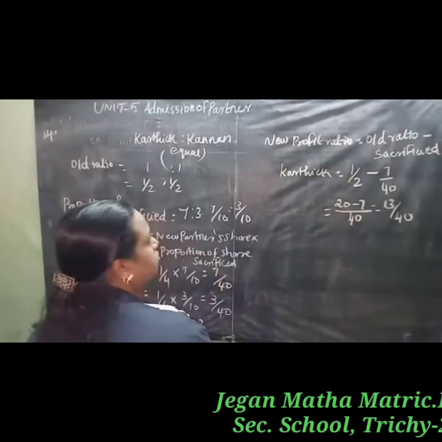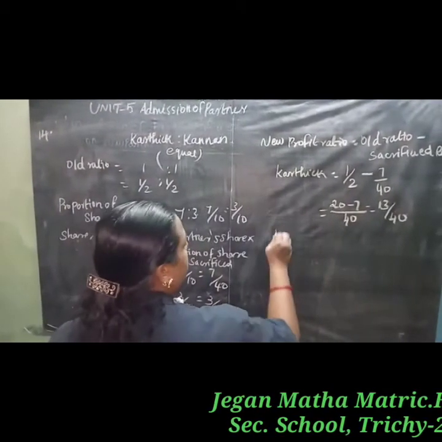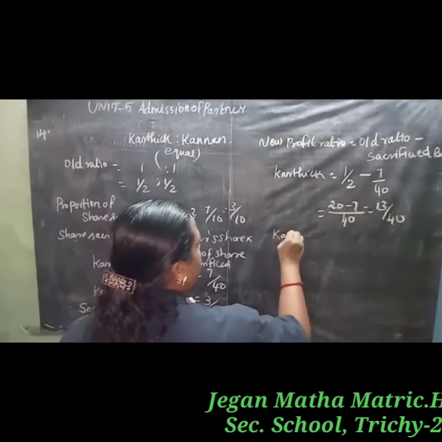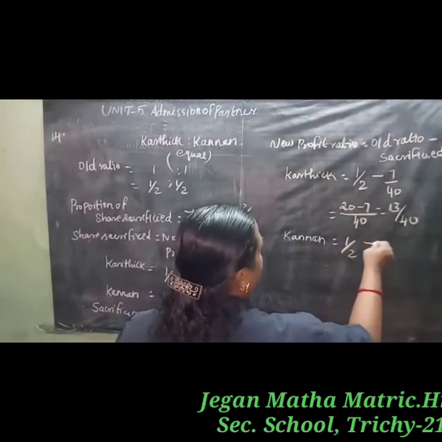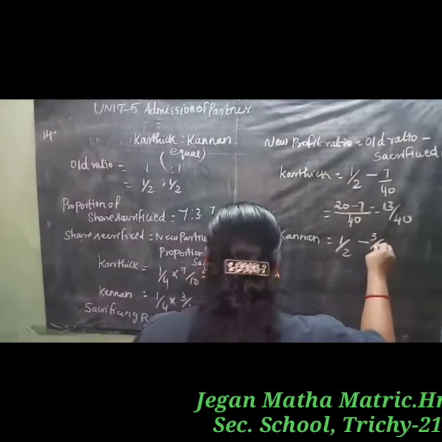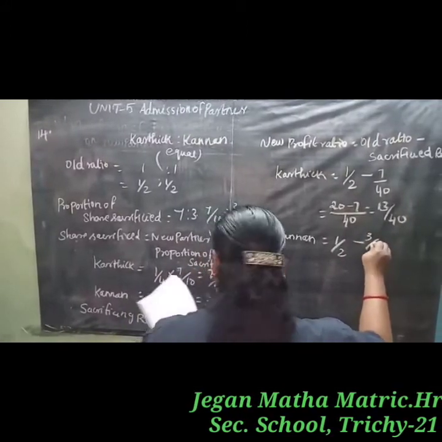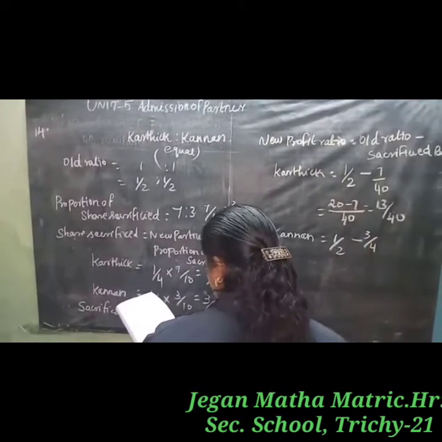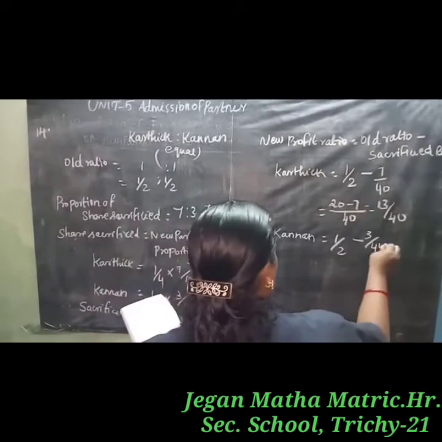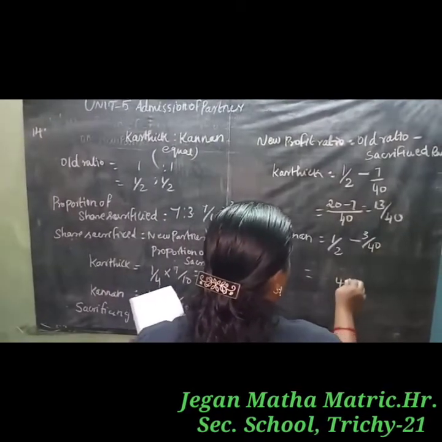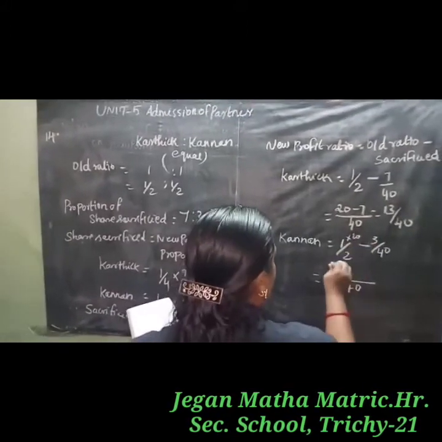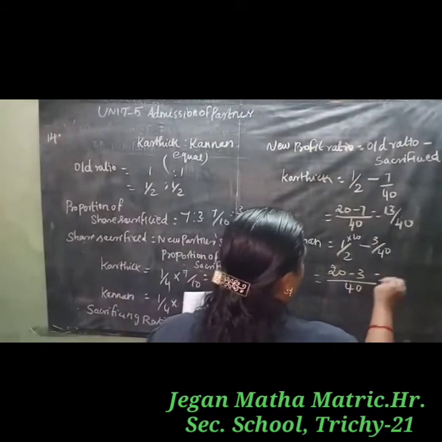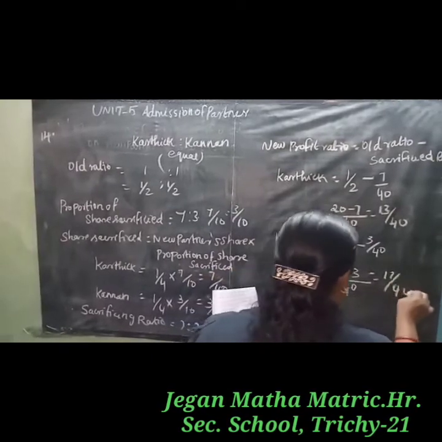Next for Kannan, old ratio 1/2, sacrifice ratio 3/40. LCM 40, 20 minus 3, 17/40.